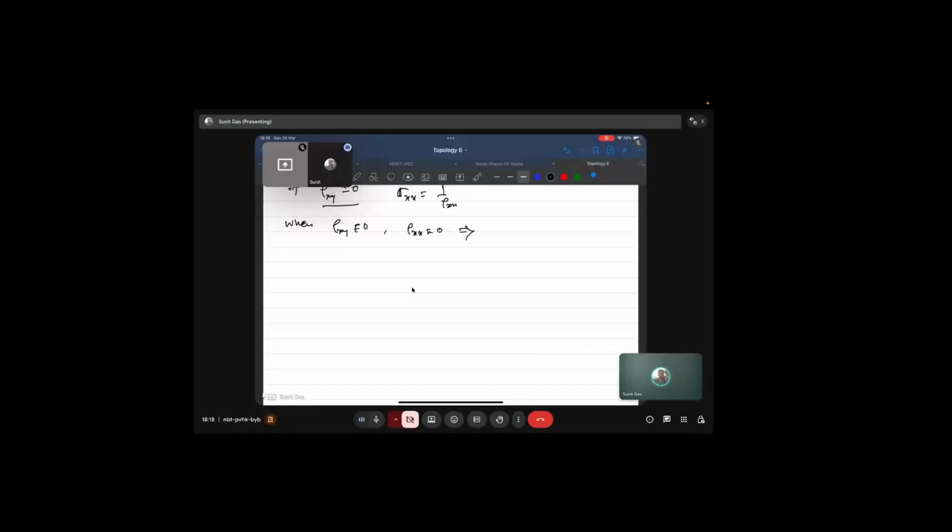What this necessarily means is that sigma xx is also 0, right? This means that the conductivity of the quantum Hall system is 0. And when do we call the conductivity of a system 0? When it is an insulator, right? So a perfect insulator means there is no conductance.